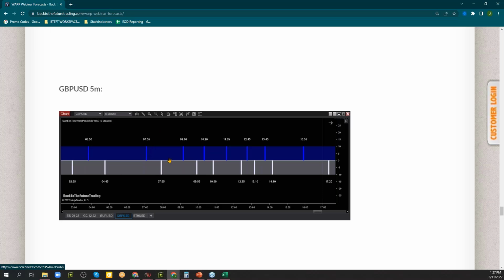Down, white, up, 910, down, 955, up, 1020, down, up, down, up. It's not that simple. It can be that simple. I don't trade like that. These are signals. These are windows in time.